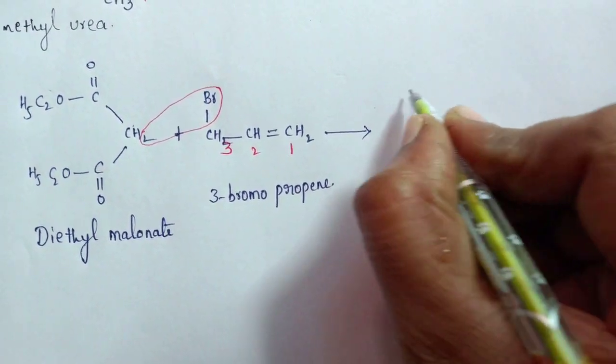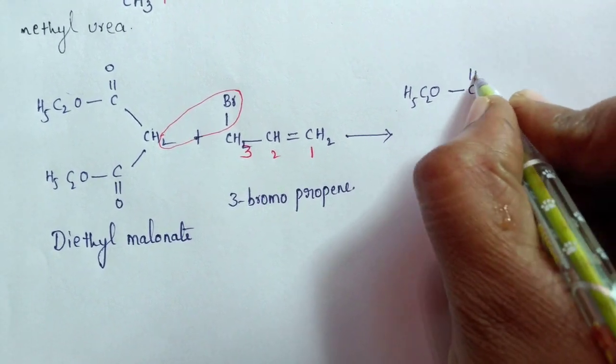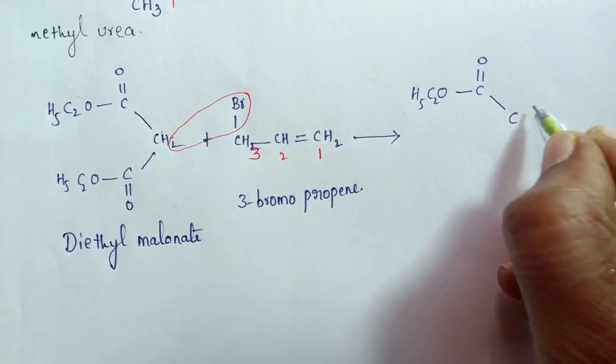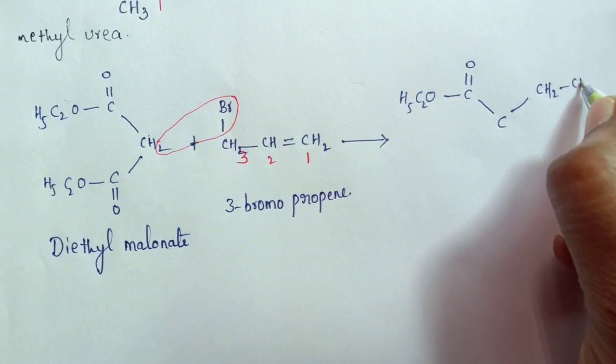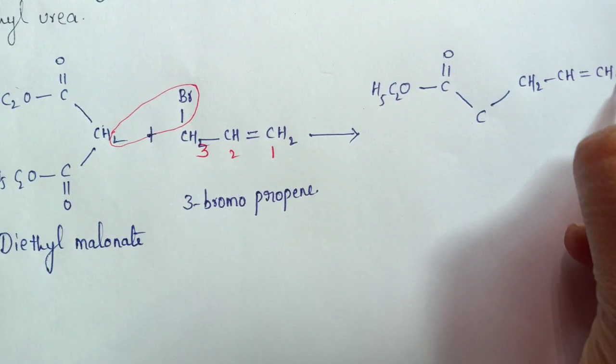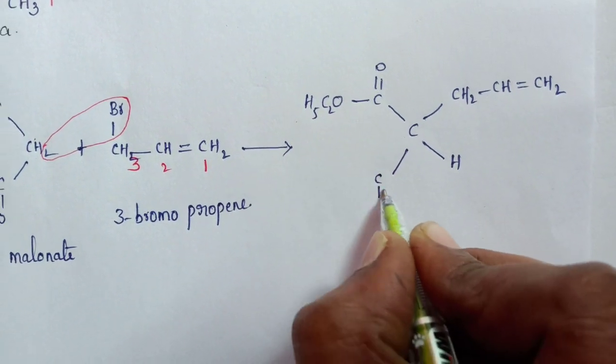Finally we get OC2H5 C double bond O C, here attaching the functional group CH2 CH double bond CH2, with one more hydrogen, and the remaining structure is the same.